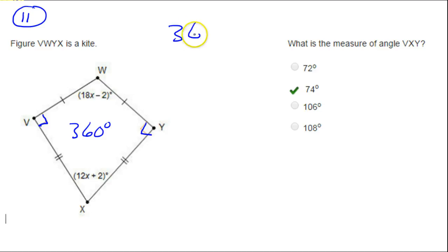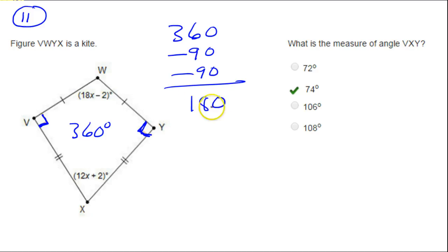So if I start from 360 degrees, I notice that I have two 90-degree angles given to me. If I subtract those, minus 90 minus 90, so far that leaves 180 degrees. That means that the two angles that are left have to add up to 180 degrees.